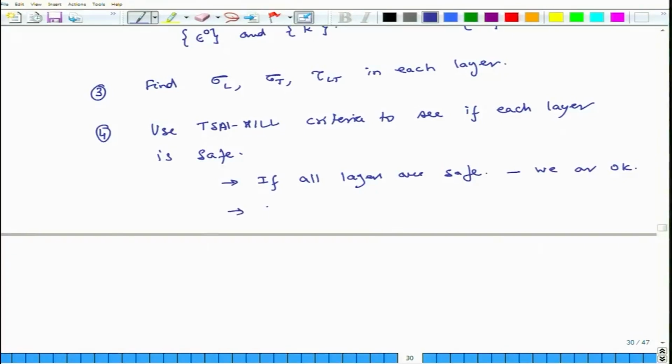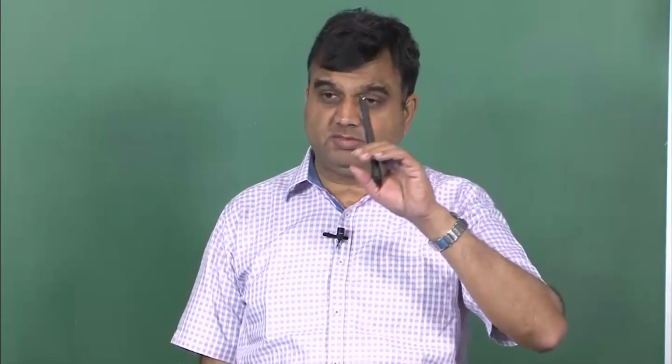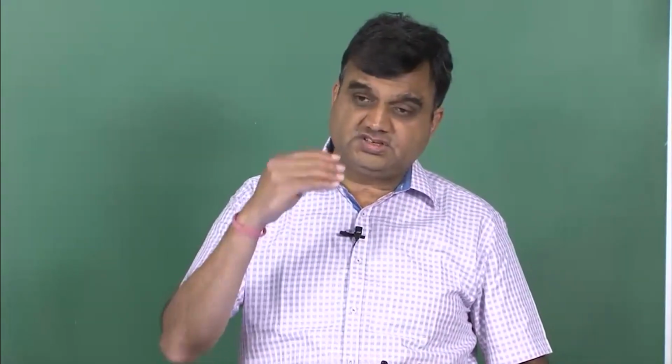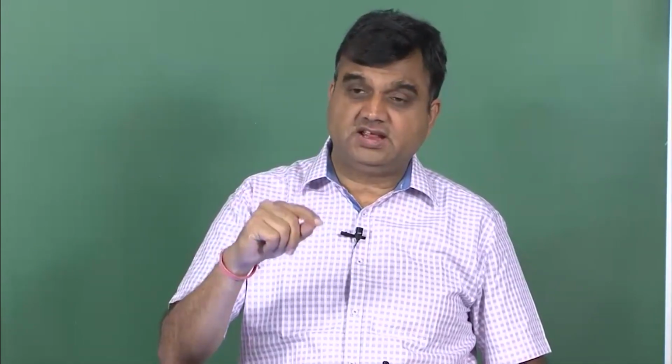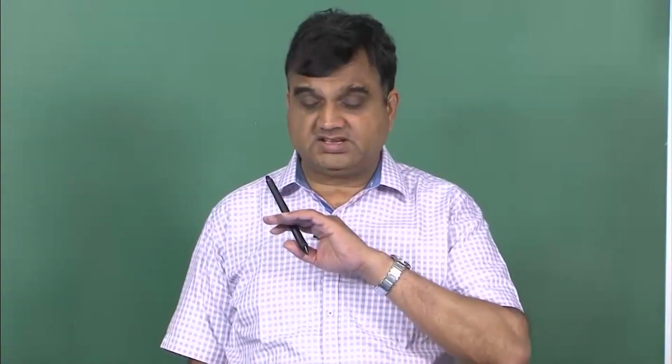Otherwise, if some layers fail, if some layers are failing, then what do we do? Then we will see that the Tsai-Hill criteria will be violated by a maximum extent on some layer, and in some other layer it may not be violated by that great an extent. So, the layer in which it is failing first, that is the layer we will consider that it will break first, where it gets violated first.